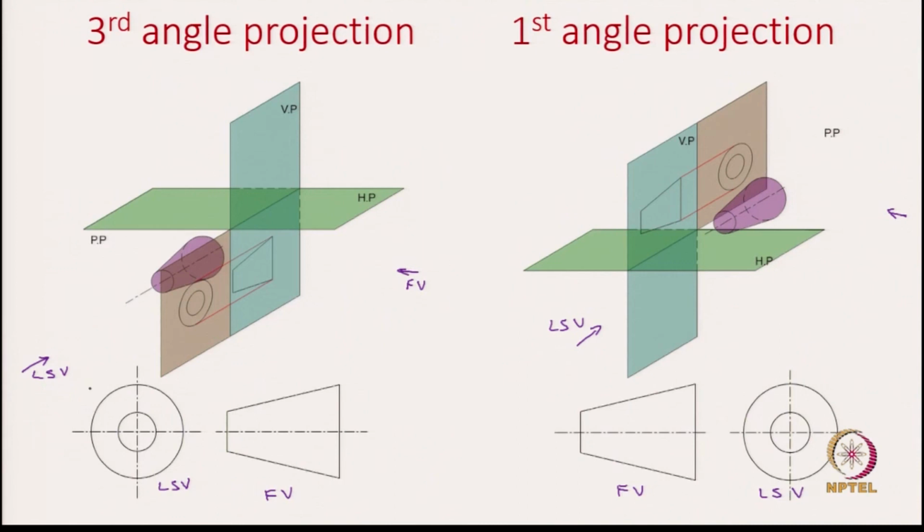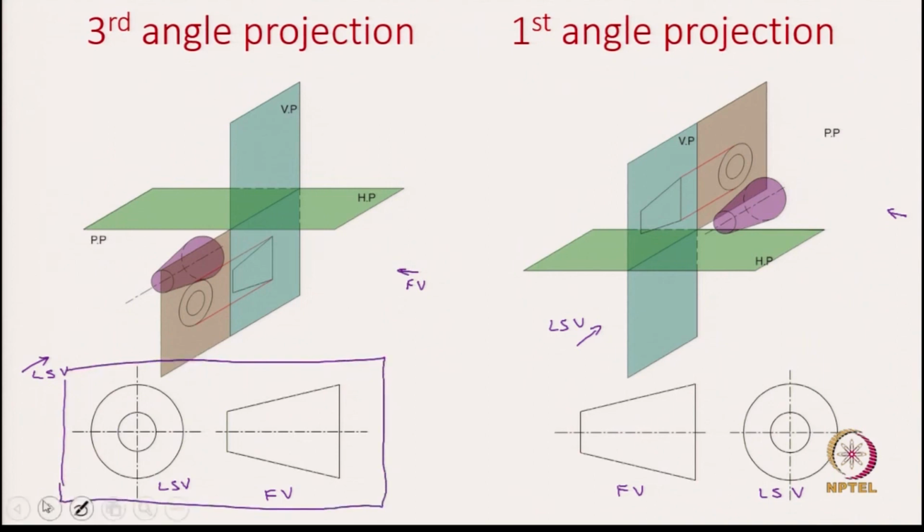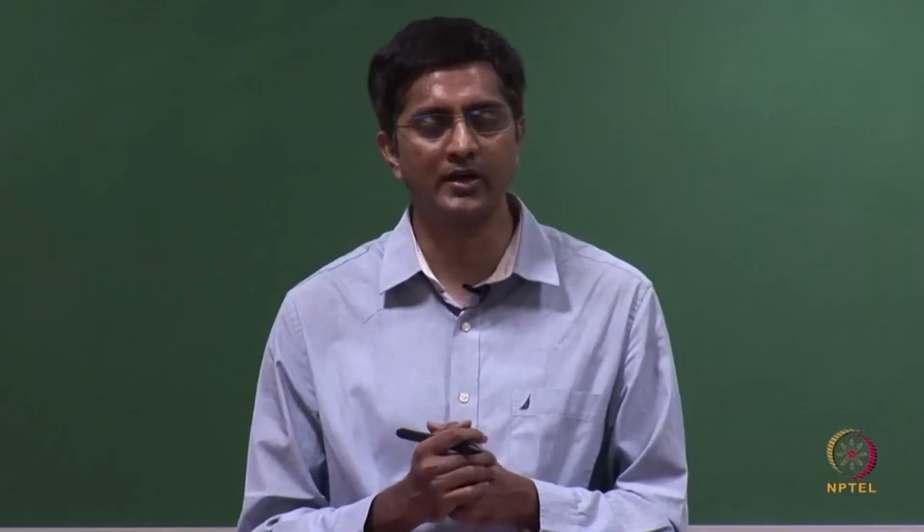These two together make the symbol. When I look at any drawing, there is a place where you need to place one of these symbols, depending on whether you are drawing it in third angle or first angle projection.